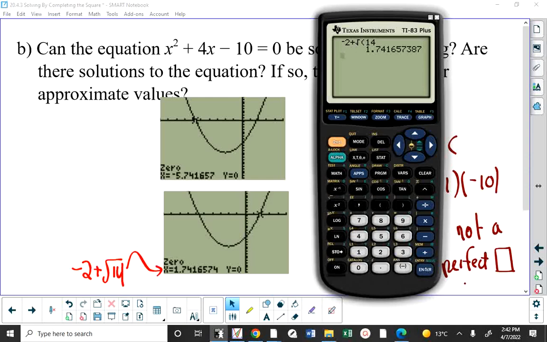We're able to solve an equation and get an irrational answer. And we can't do it by factoring, because if the answers are irrational, it's not factorable. Those two statements go hand in hand. If it's going to be irrational numbers, you will not be able to find them by factoring. By the way, if you take negative 2 minus the square root of 14, it should be no surprise that you get that.